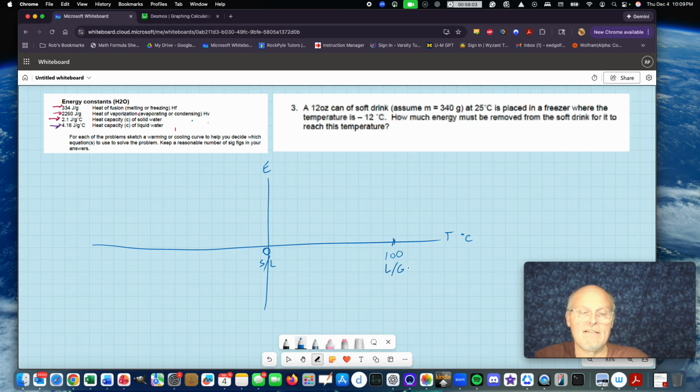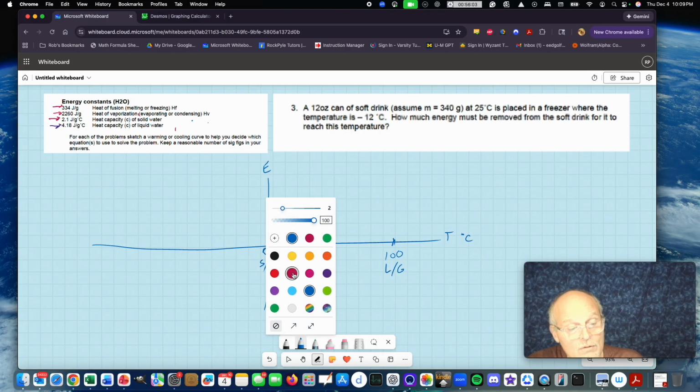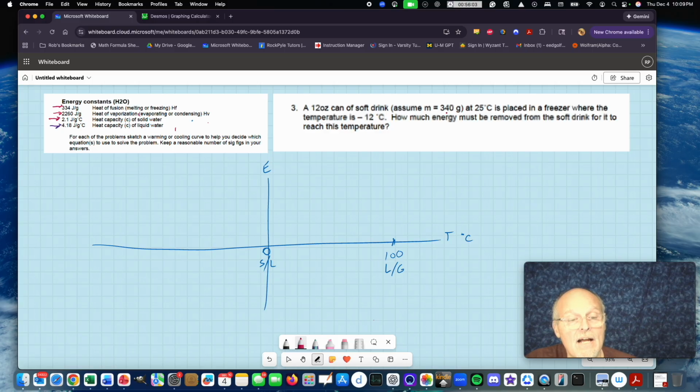This is the way I like to set it up so I can start my movement. So what is my initial state? I've got 340 grams at 25 degrees C, and obviously it is liquid.